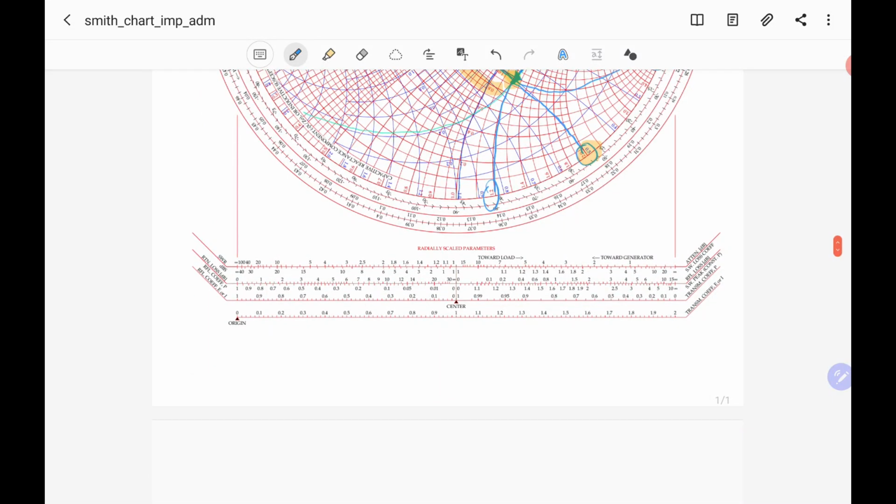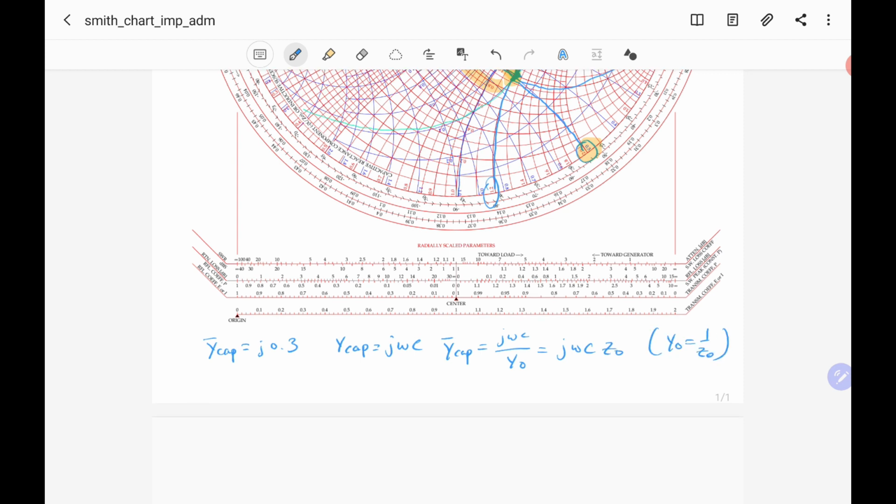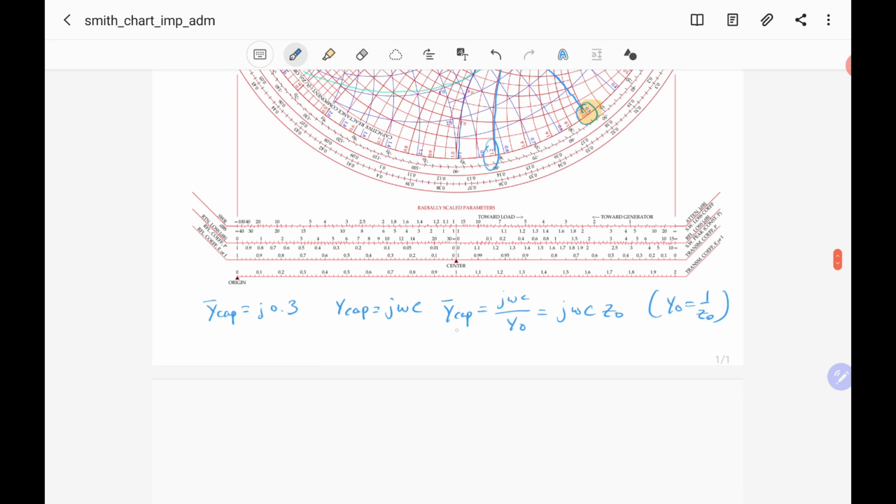So from this, Y cap is j0.3. The admittance of a capacitance is j omega C, as you know from the circuit course. So normalized Y cap is j omega C divided by Y0, where Y0 is 1 over Z0. So this value becomes j0.3.